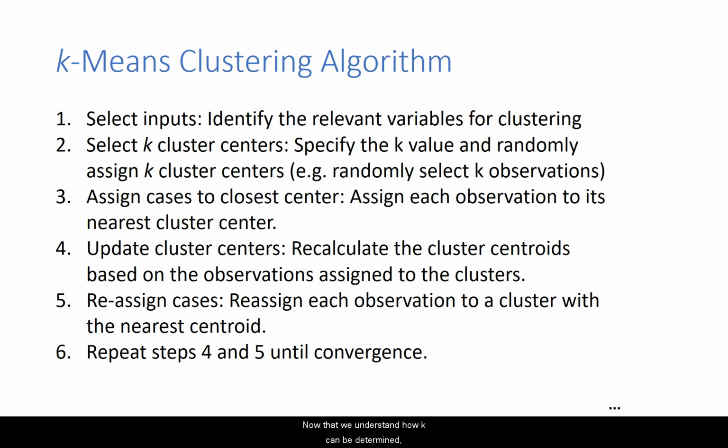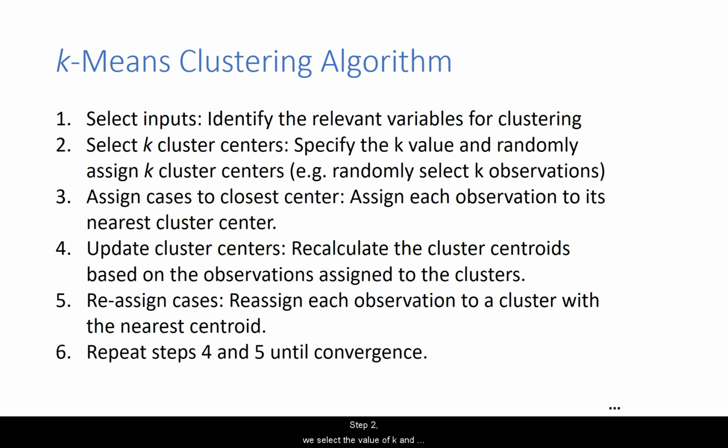Now that we understand how k can be determined, let's take a look at the k-means clustering algorithm to understand the process. The process is quite straightforward and can be summarized into these 6 steps. Step 1. We select the input variables by identifying the relevant variables for the business objective.